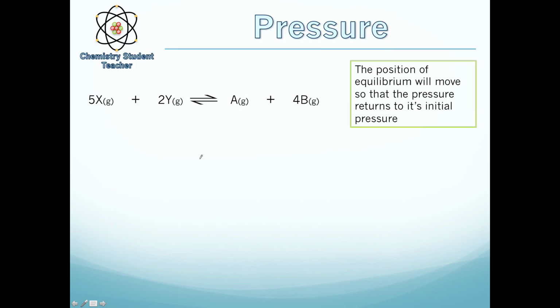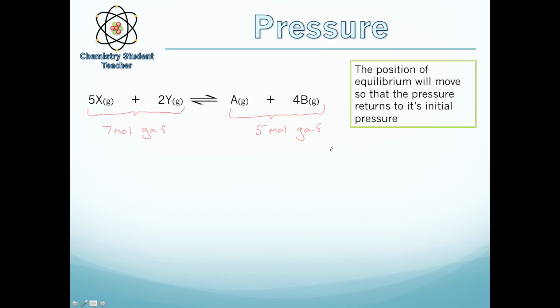This is our X plus Y going to A and B, except we've got different numbers of X and Y going to different numbers of A and B in this example. And this is the important bit. Here you can see, if you add them together, we've got a total of 7 moles of gas. So you've got 5 of X and 2 of Y, makes 7. Here we have 5 moles of gas.